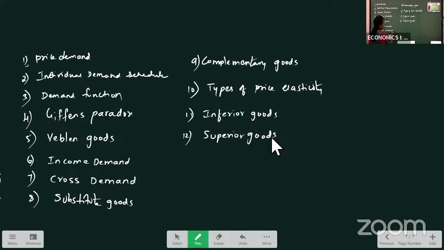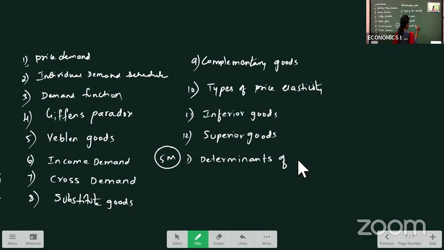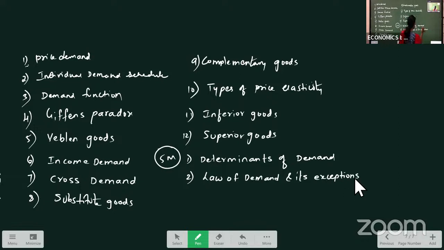Along with these VSAQs, you will get 5 marks question. That is, first one, determinants of demand. Second one, law of demand and its exceptions.